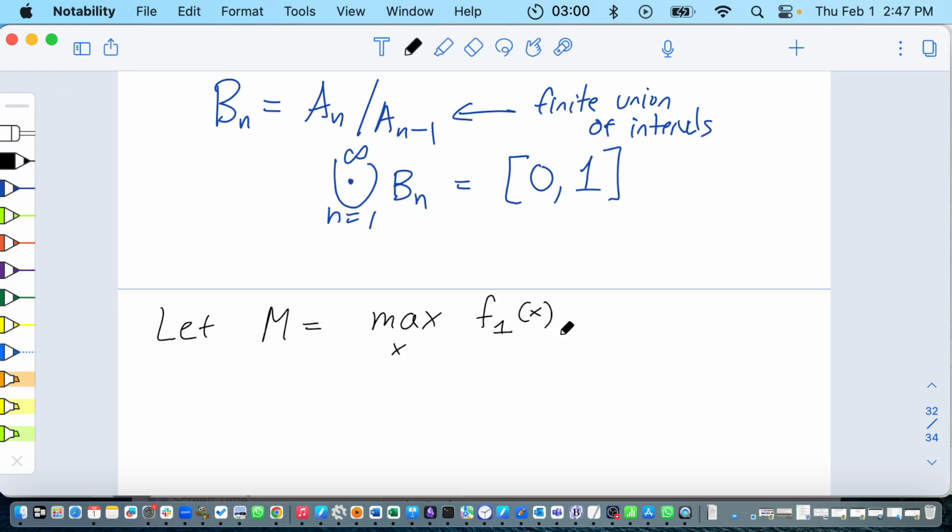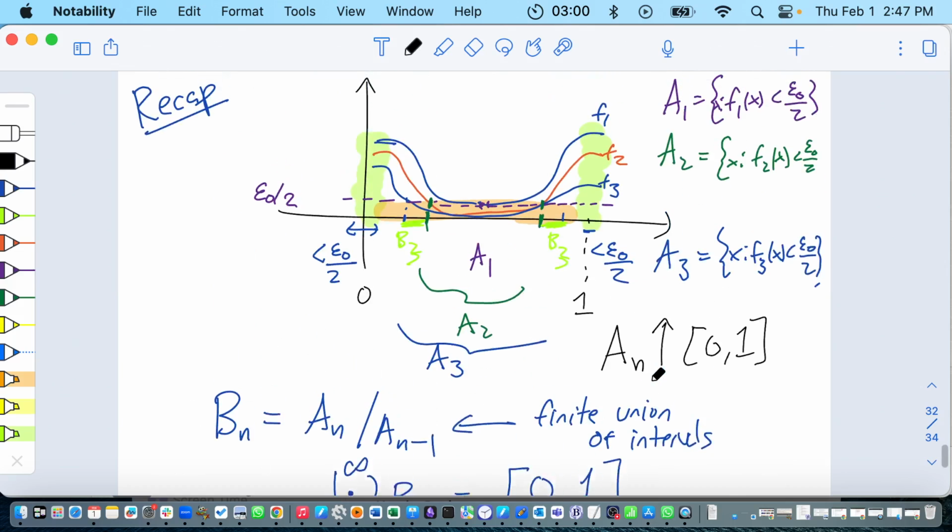And M will be the maximum value of f_1. It's a step function, it only takes on finitely many values. You take the maximum. This is larger than or equal to f_n(x) for all n and for all x. The reason is the functions are decreasing, so f_2 is below f_1, f_3 is below f_1, all the functions are below f_1. So this M is like the highest possible value you could possibly be, and I can add that to my cartoon.